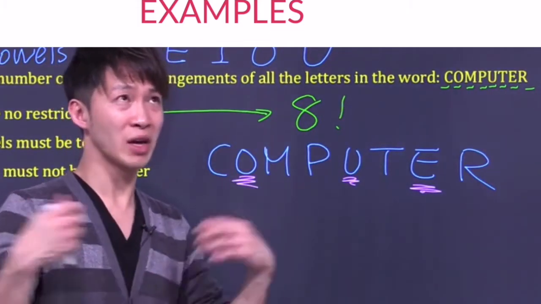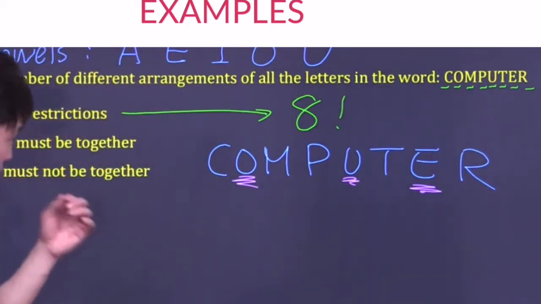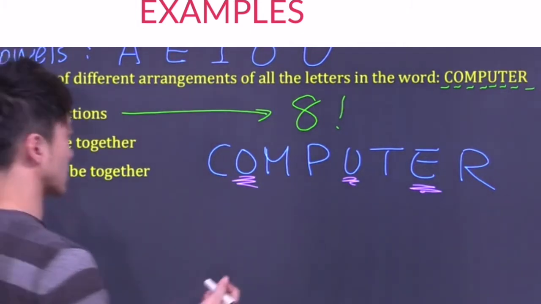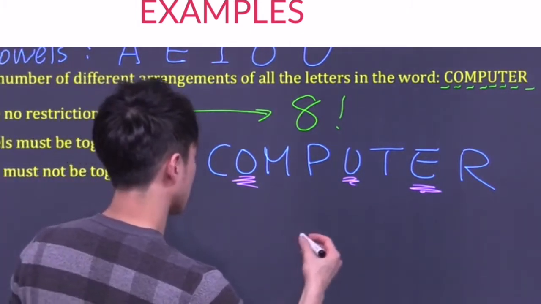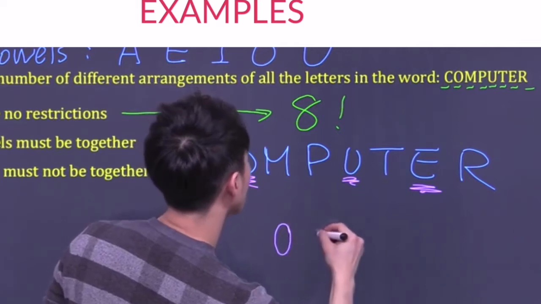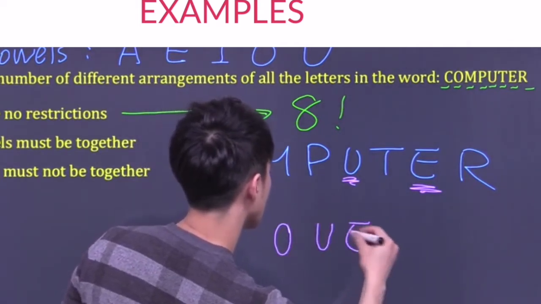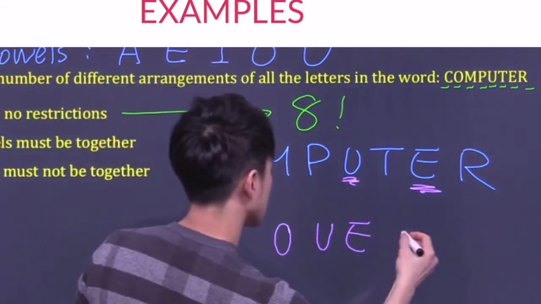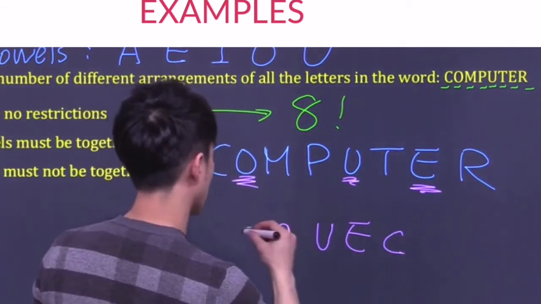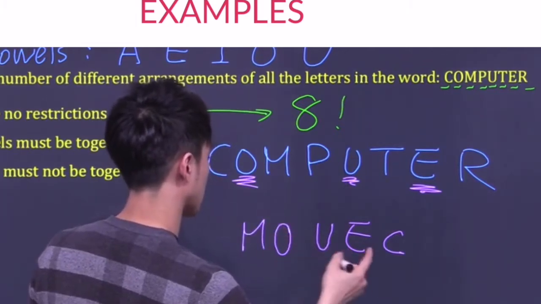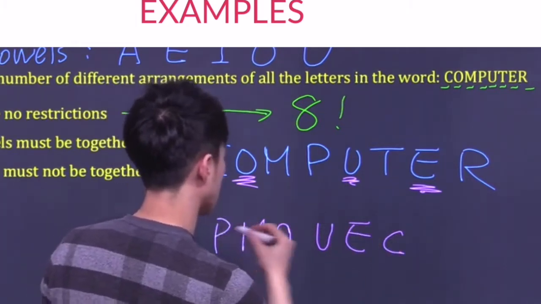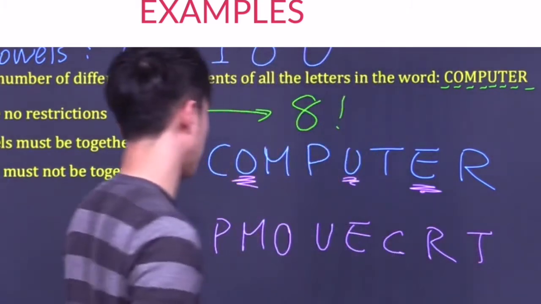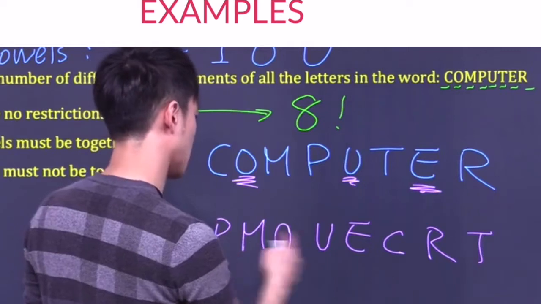So an example of a successful arrangement would be, say, like this: O, U, E, and then C, M, P, T, R. Let's see, C-O-M-P-U-T-E-R.